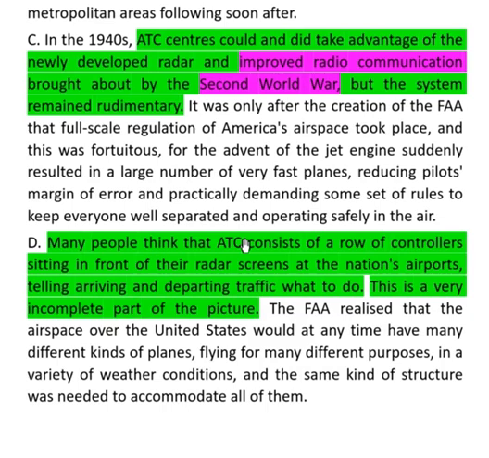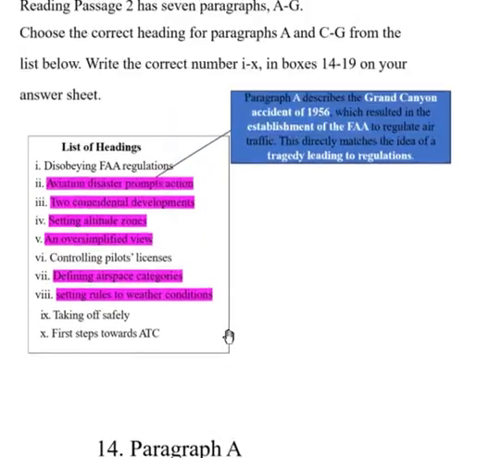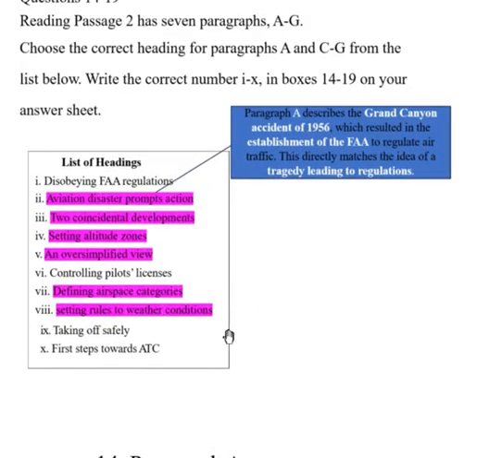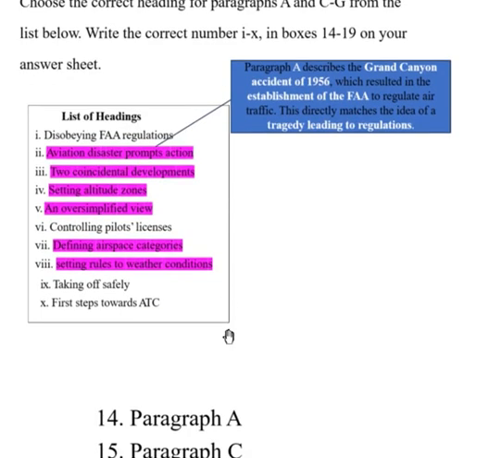First, you must understand that there are two events that also occurred in this paragraph, or let's say two developments. The first development is the radar, while the second development is the improved radio communication. These are the two things that happened. We go back to the headings and look for a heading that talks about developments.